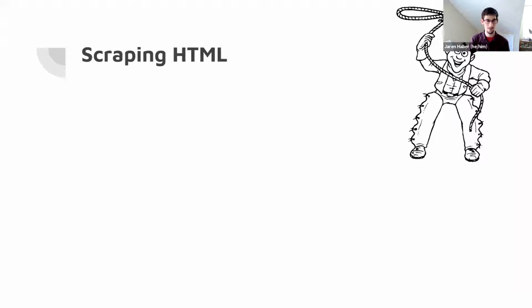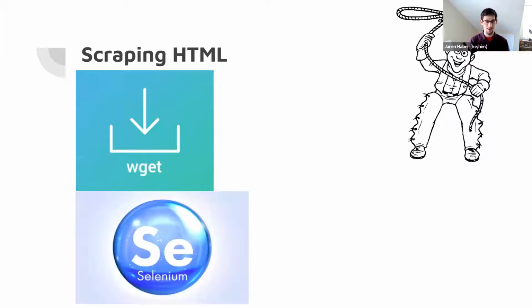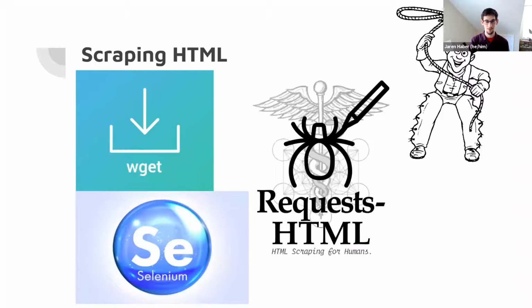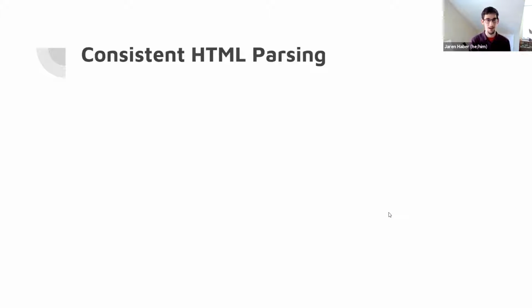Okay, the next thing we've got to do, now that I've got a URL for everything, is scrape the HTML of each one of those pages. Packages I've tried for this were wget, Selenium, requests, and Scrapy. And you'll get practice with all of these today and tomorrow. Selenium I left out for time's sake, but it's another really good tool to know about, and I'll tell you why. I made sure across all these different approaches to parse the HTML the same way.